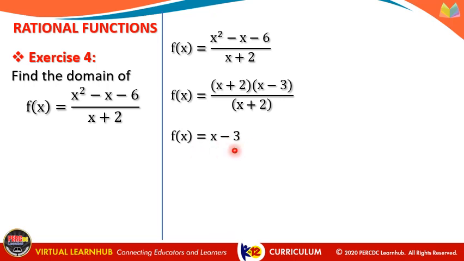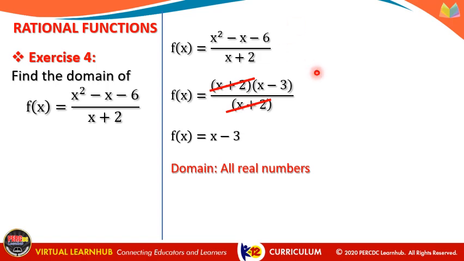Ano ba ang x minus 3? Hindi ba ang x minus 3 ay isang polynomial? Sabi natin kanina, basta polynomial, the domain is the entire set of real numbers. Therefore, the domain is all real numbers.